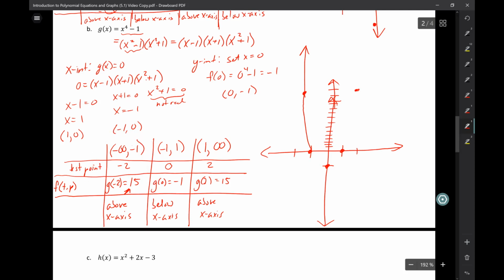Between negative 1 and 1, the graph should be below the x-axis, so it should go through this point and come back up, because it has to cross the x-axis here. And then it must keep continuing that way. Again, it can never cross the x-axis again because there are no other x-intercepts, and we know from the test points that from 1 to infinity it's always above the x-axis. Therefore, we have graphed this equation.